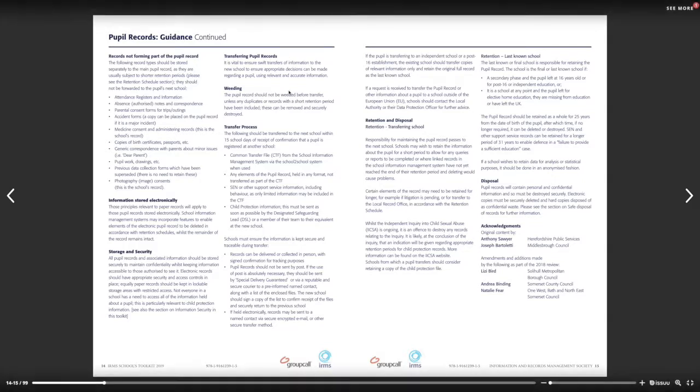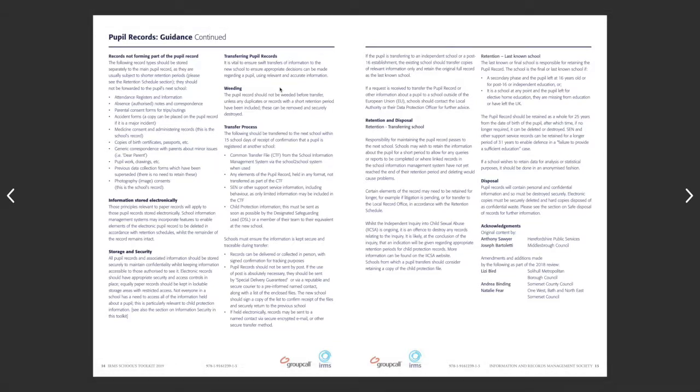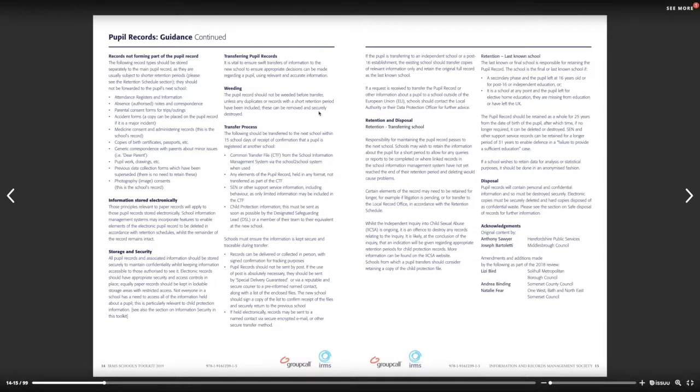First one is that the pupil file should be transferred in its entirety. So we shouldn't be weeding anything out. If it was important enough to put in the child's file in the first place, then it must remain in there. The exception to that is if you have any duplicates or if you have anything that has a short retention period that should have been taken out and destroyed, which you must destroy securely.